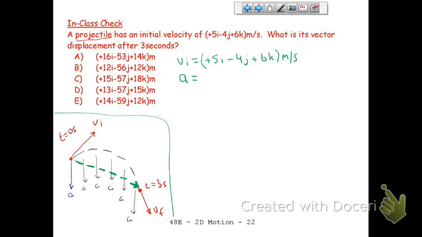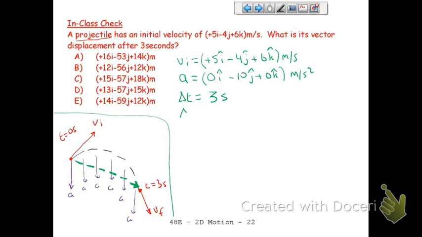A is going to equal 0i minus 10j plus 0k meters per second squared. And my delta t, and again I gave you the delta t this time, I said after 3 seconds, that's a big giveaway for the delta t.